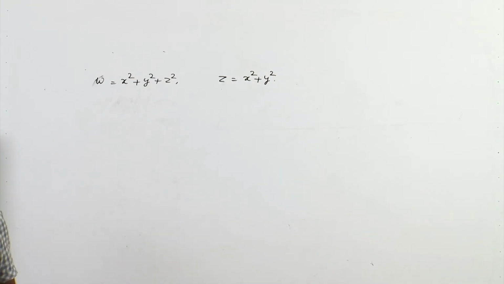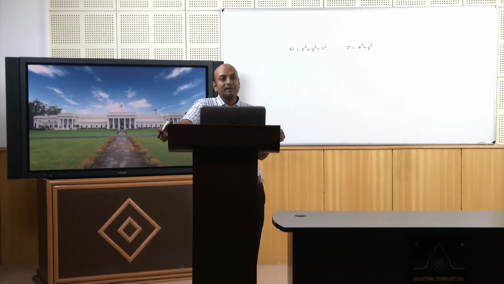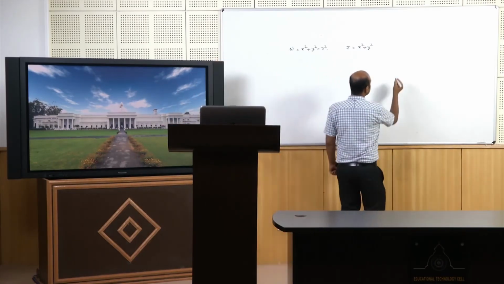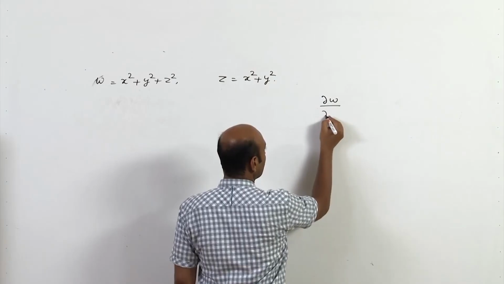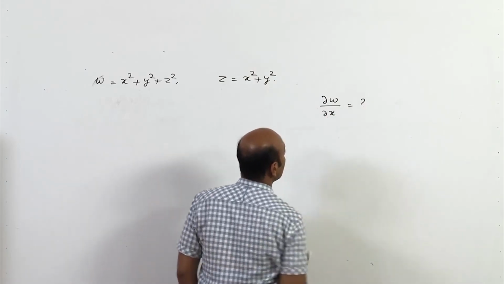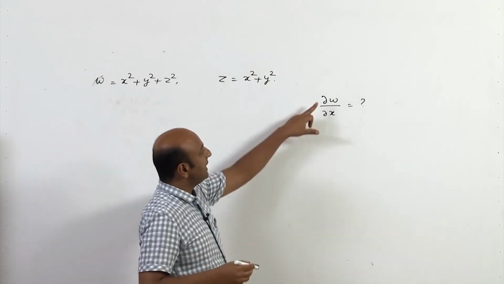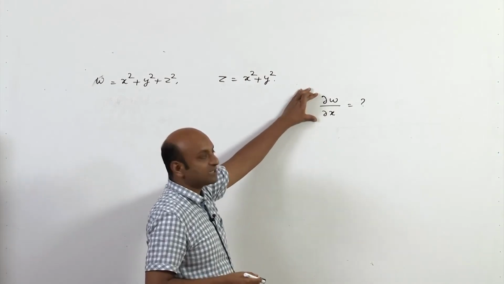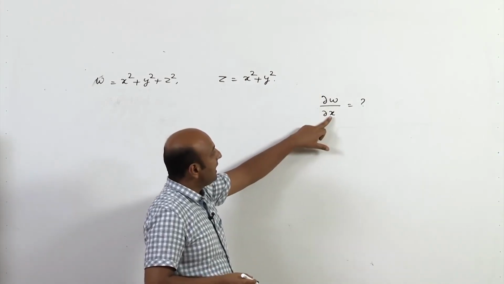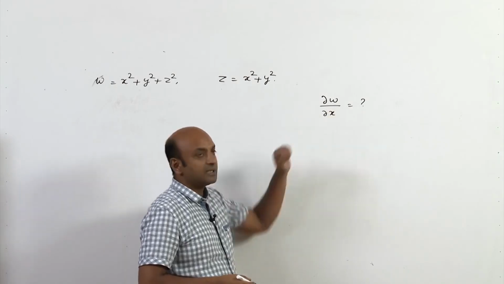Okay. So, here it is not given which variables are independent and which variable is dependent, and we have to compute del w by del x. Now, since del w by del x is to be computed, from this expression it is clear that x is an independent variable and w is a dependent variable.